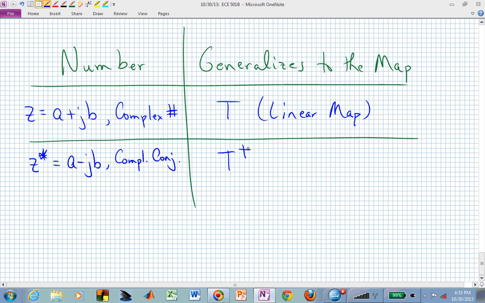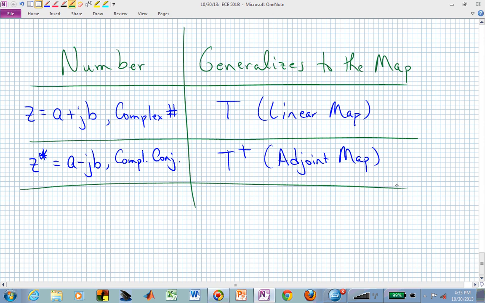That's the adjoint map, isn't it? Meaning if you're starting to feel like you're going into the deep end and starting to sink, you can just go back to this table and say, wait a minute, an adjoint, let me just think about the complex conjugate in terms of concepts.